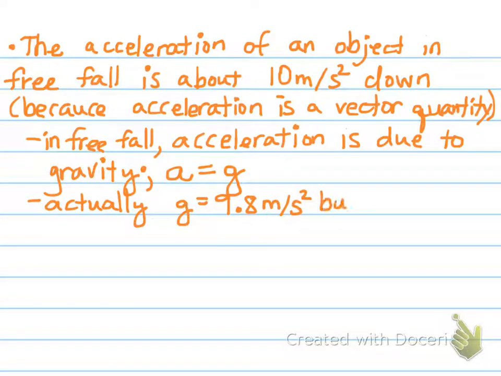But because in applied physics we're trying to keep our calculations simple, we're going to use 10 meters per second squared as our acceleration due to gravity. Multiplying by 10 or dividing by 10 is pretty simple.